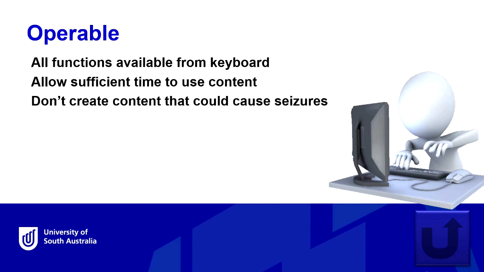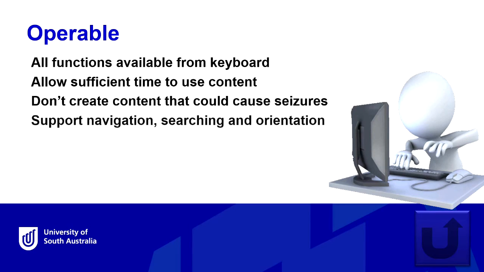Now, this might seem a bizarre and out there sort of scenario, but there are still websites out there using bright flashing GIFs and animations that can really run the risk of triggering seizures in people. Support navigation, searching, and knowing where you are in the context of a website. So don't make a website too arcane to understand. Now, Moodle does a very good job of using horizontal navigation as well as standard navigation that allows people to see where they are.